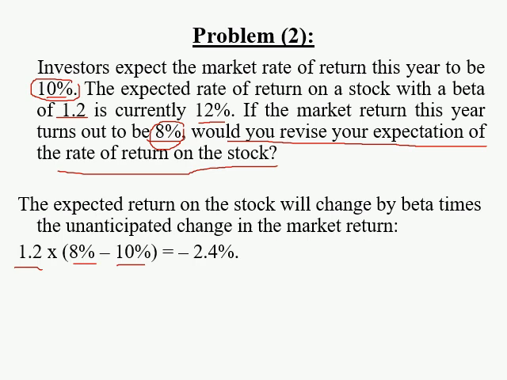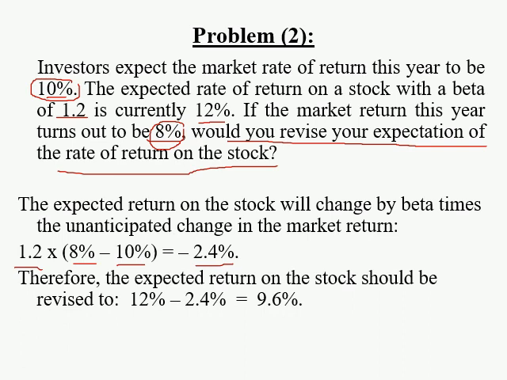That will be equal to minus 2.4%. That is why we find the return of the security will go down by a percentage of minus 2.4%. Therefore the expected return on the stock should be revised to 12% minus 2.4%. So the expected return will be 9.6%.